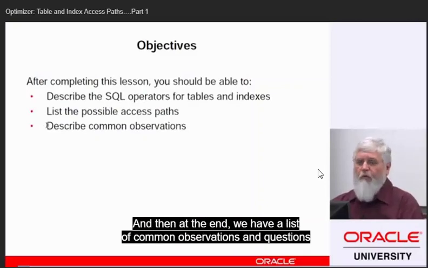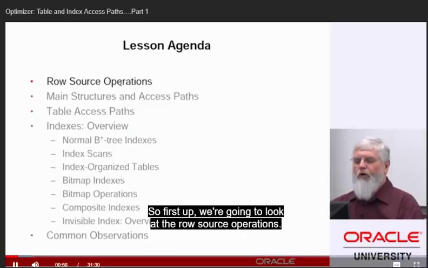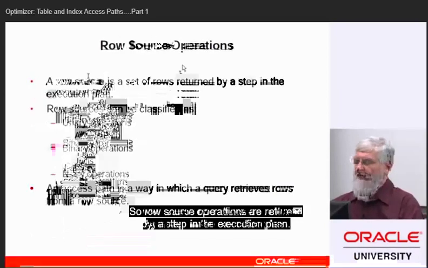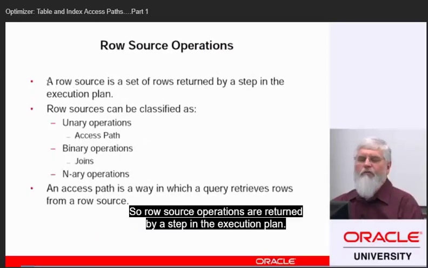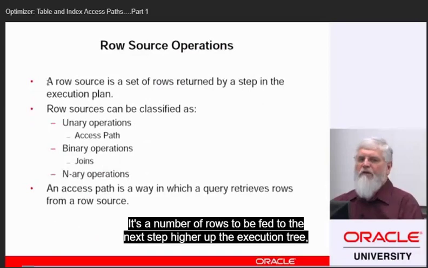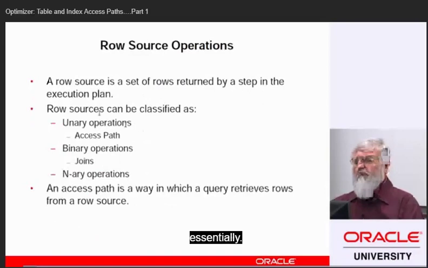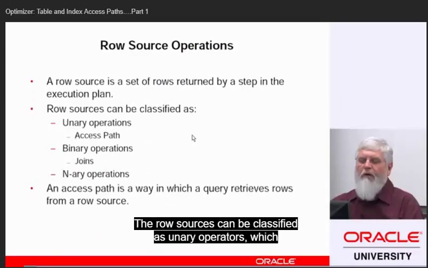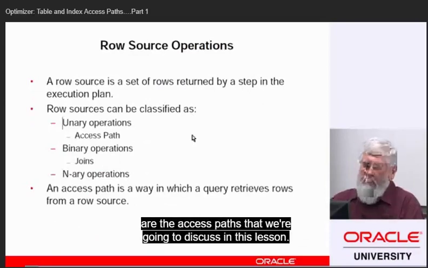Row source operations are returned by a step in the execution plan. It's a number of rows to be fed to the next step higher up the execution tree, essentially. The row sources can be classified as unary operators, which are the access paths that we're going to discuss in this lesson. They can also be described as binary operators, which are the join methods that we're going to discuss in the next lesson, lesson 9.